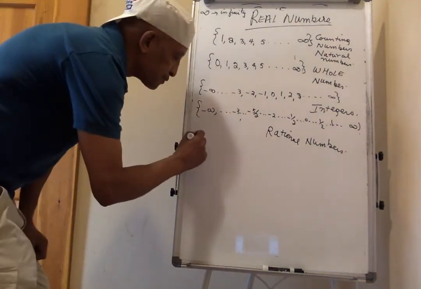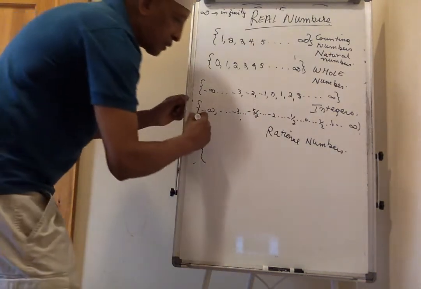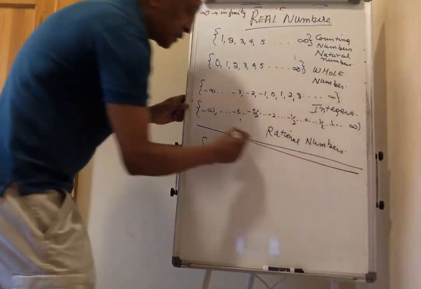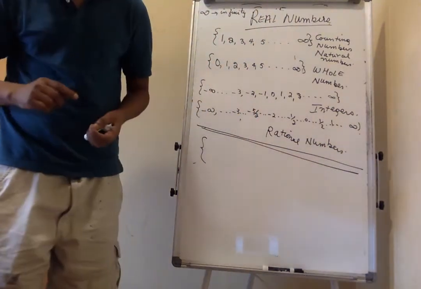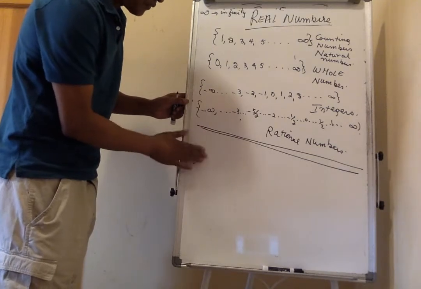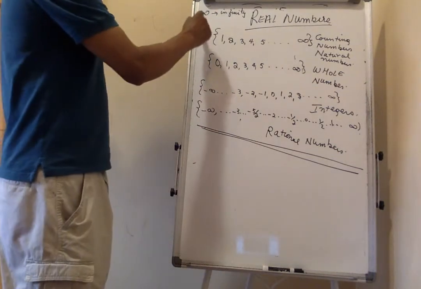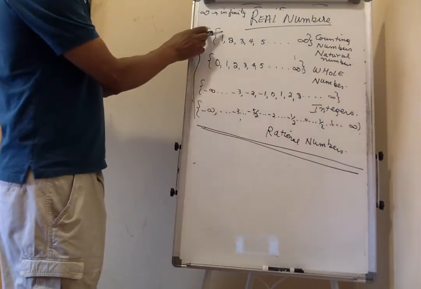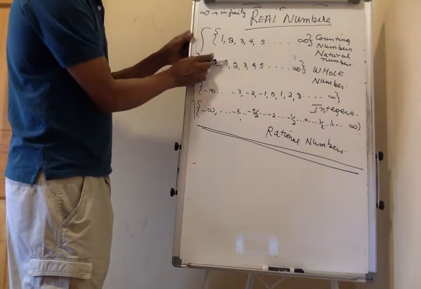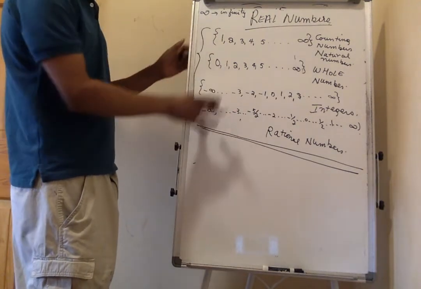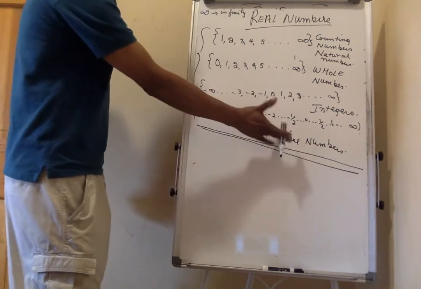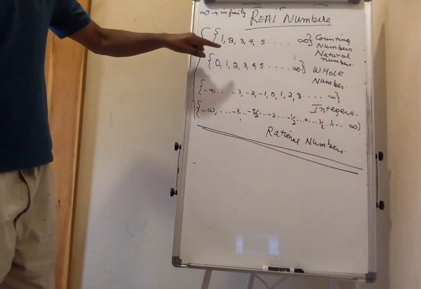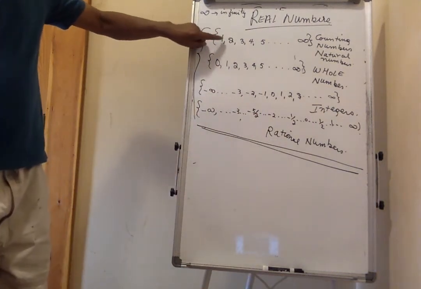Now, before I do that, hold on a second. So, if you look from counting numbers, whole numbers, integers, and rational numbers, meaning what? All these are rational numbers because the rational numbers contain what?